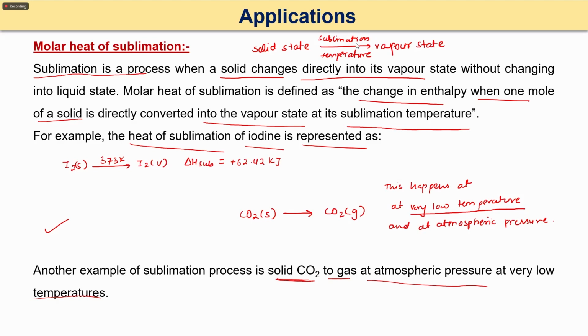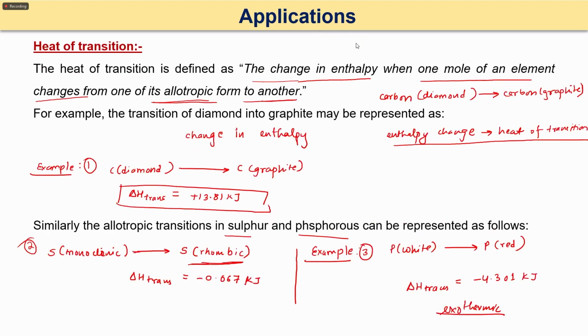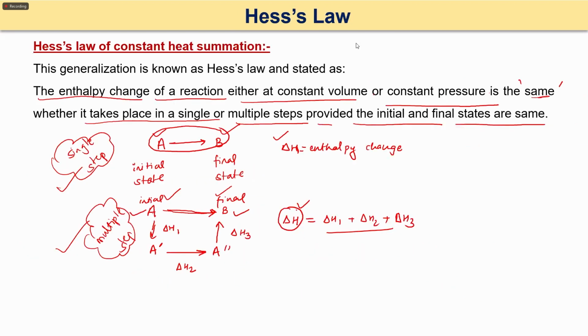Then we studied some examples. After that, we studied the heat of transition, which is the enthalpy change on going from one allotropic form to another. Then we studied Hess's law of constant heat summation, which says that whether a reaction occurs in a single step or multiple steps, the enthalpy change at constant volume or pressure remains the same, provided the initial and final states are the same.